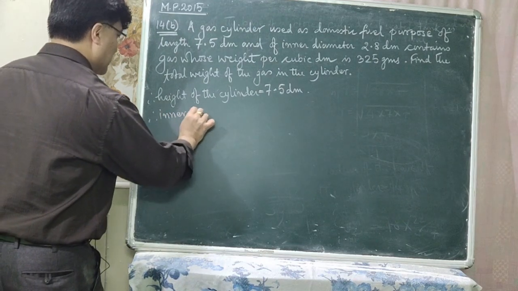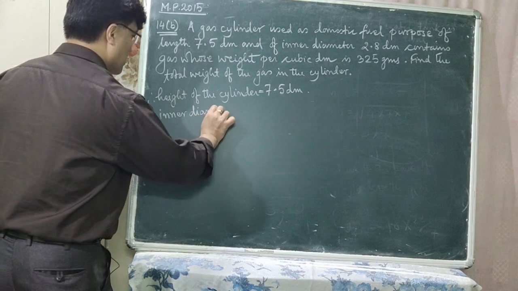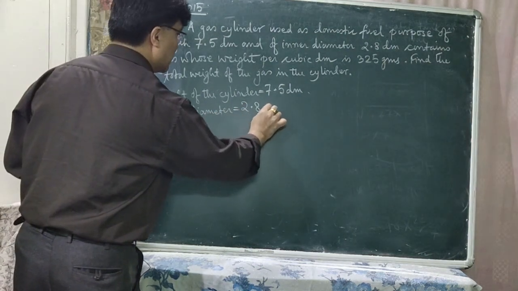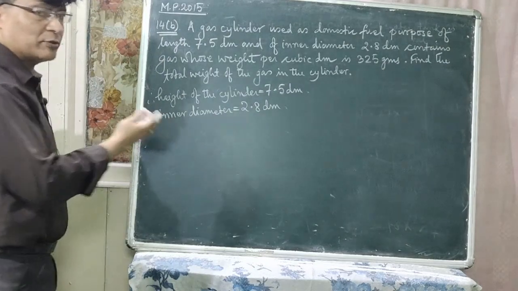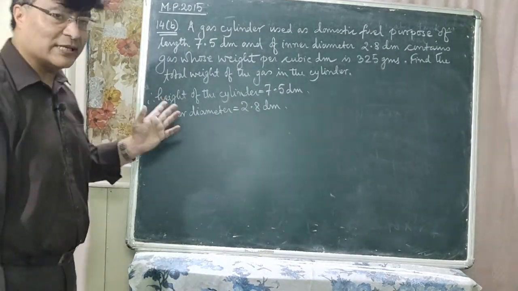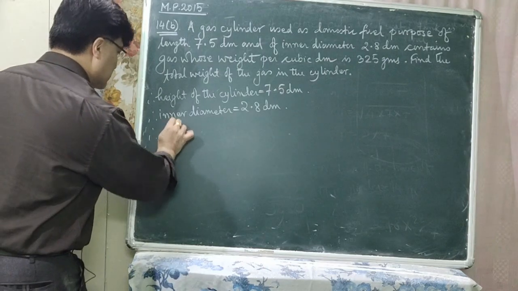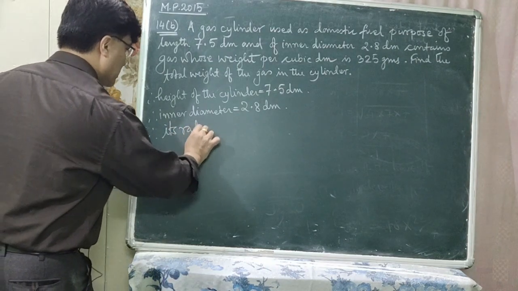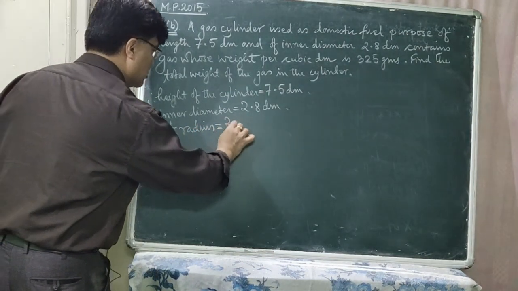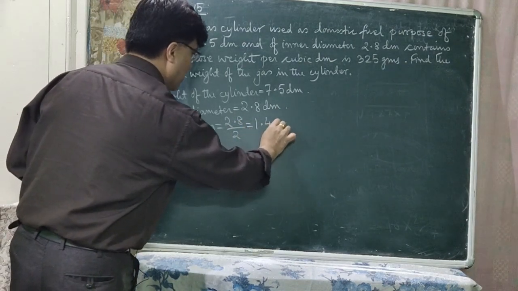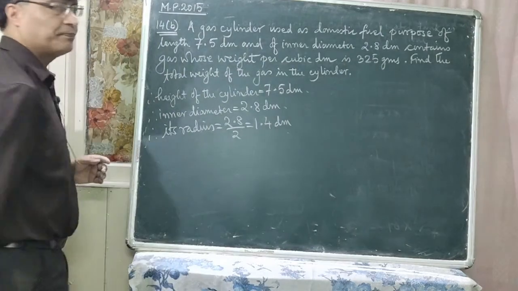This is 2.8 decimeter. So you have to convert it to radius. You know that radius is half of the diameter, right? So its radius is equal to 2.8 divided by 2, which is equal to 1.4 decimeter.